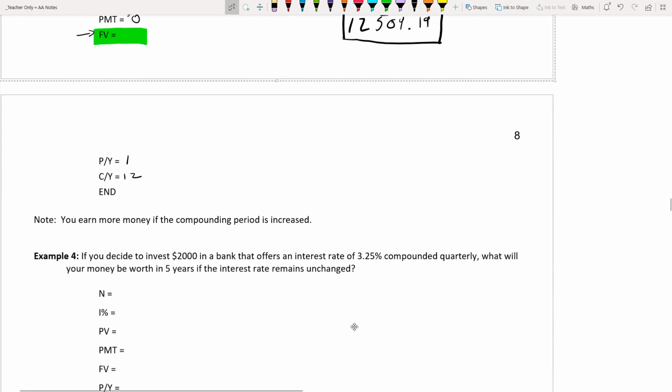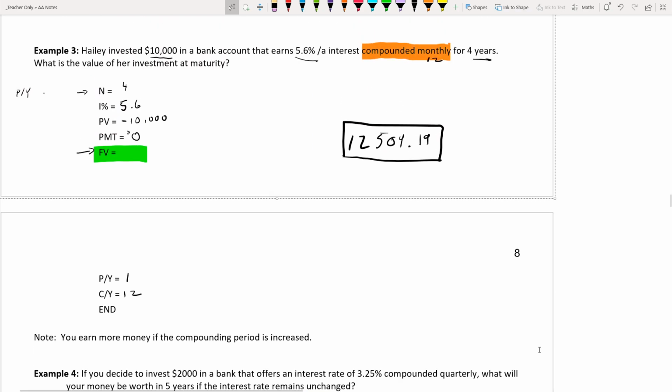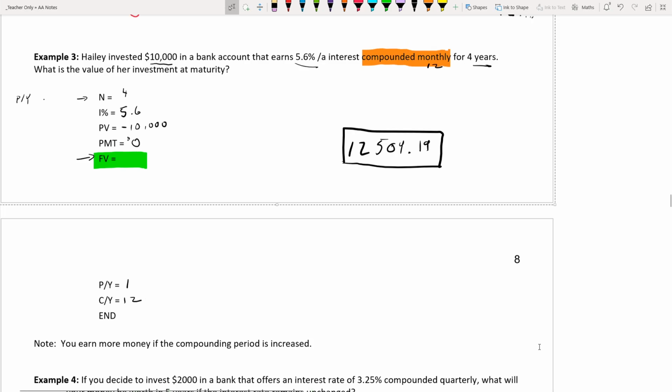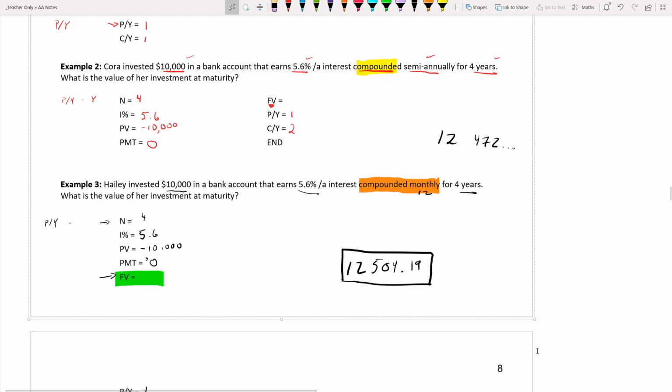So I copy down my answer for example number 3. And what we notice, if we go to example number 2, is that example number 3 and example number 2 were very interesting questions because we both invested the same amount. We both earned an interest rate of 5.6. However, the number of times it was compounded differed, and really what compounded means is interest is added.